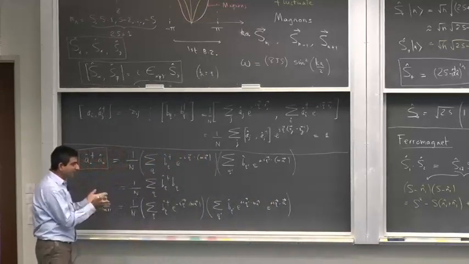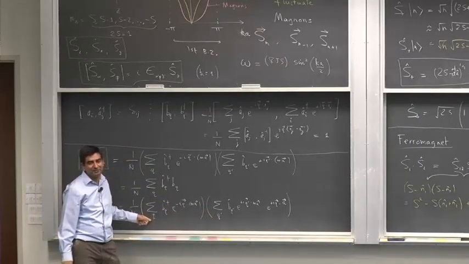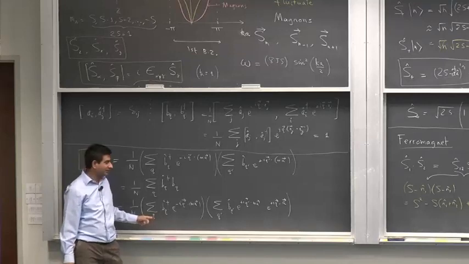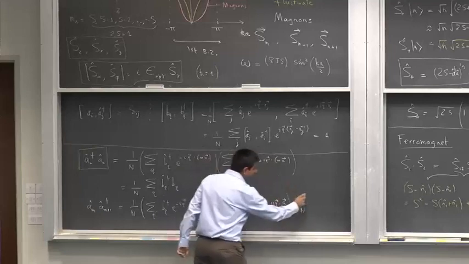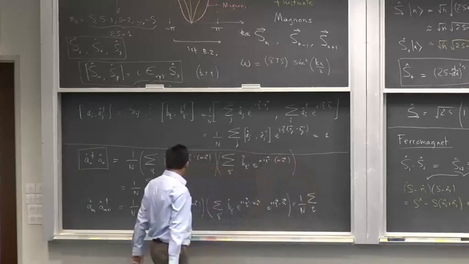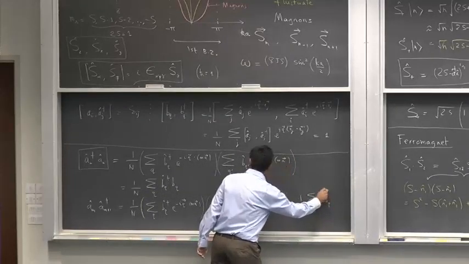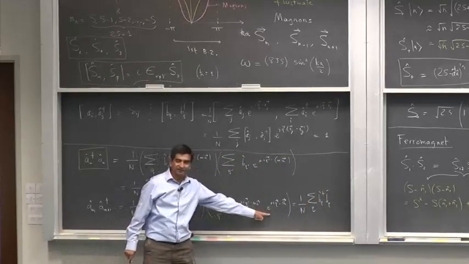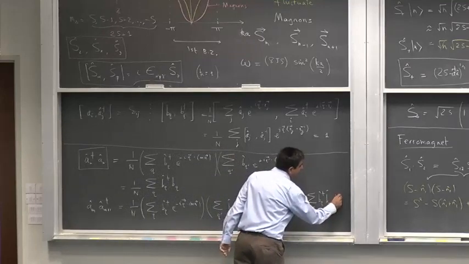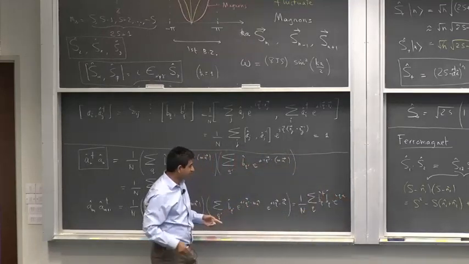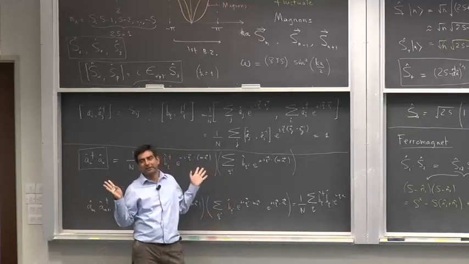Once again using the same argument, I would only like to preserve the q primes which are the same as q, because otherwise averaging will give me 0. I'm left with 1 over N, sum over all q's, all modes, of b_q dagger b_q, and now I'm left with this term over here, which is e to the i q a. Suppose it's a one-dimensional system, q is in the same direction as the lattice vector. I'm left with e to the i q a.